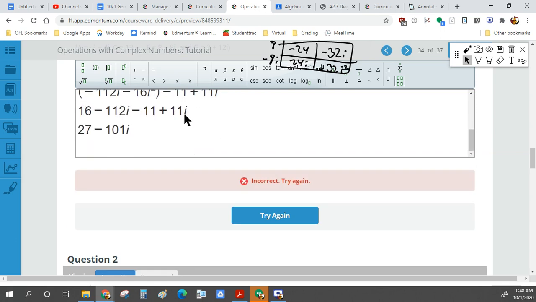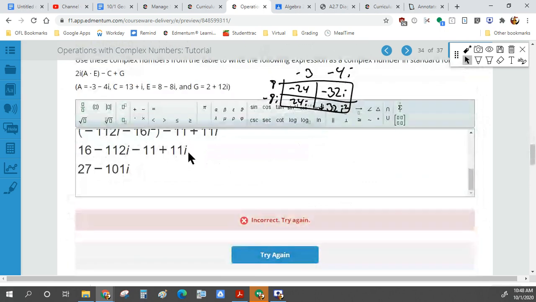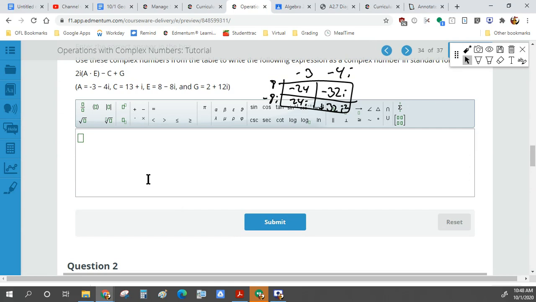Oh, and of course, I really hate how Illuminate does this to you guys. They don't care about all this work I just did. They only care about the answer. What's that? 21, 1. Was it 21 or 26? Great. Please tell me someone screen captured that.